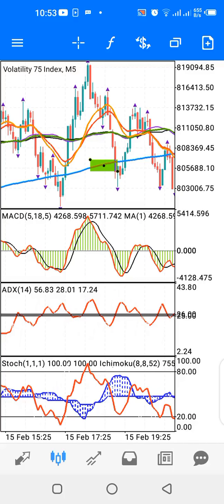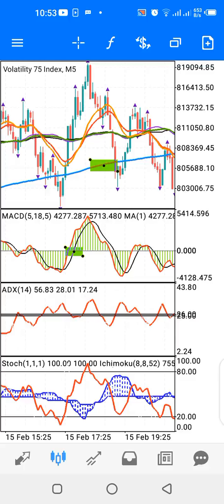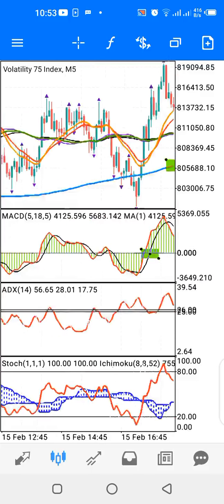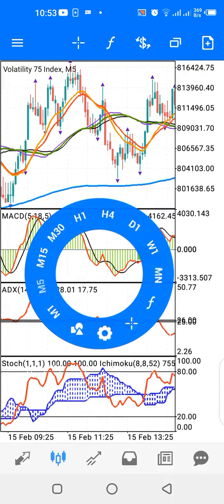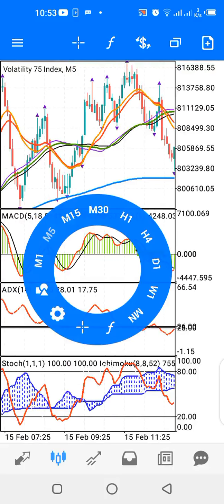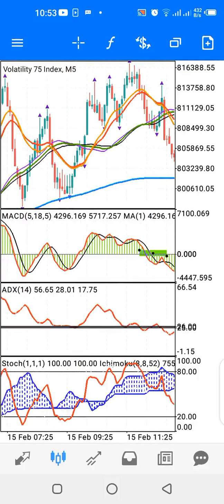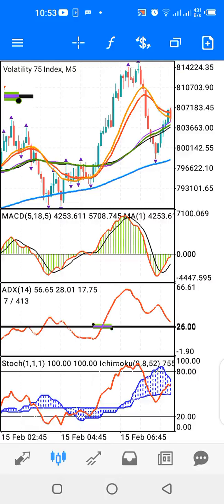We are still on the 5 minutes time frame, and this is your buy signal, this is your sell signal. For indicator window 2, when you have a crossing into the 25, 26 level, cross above, you can start to place your trade.